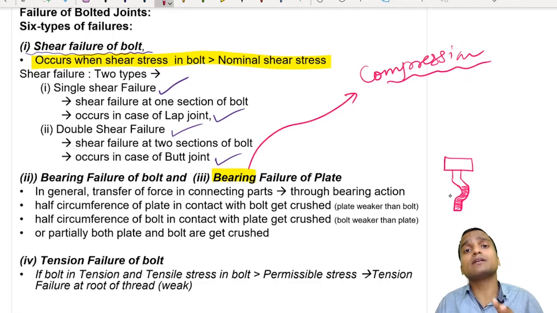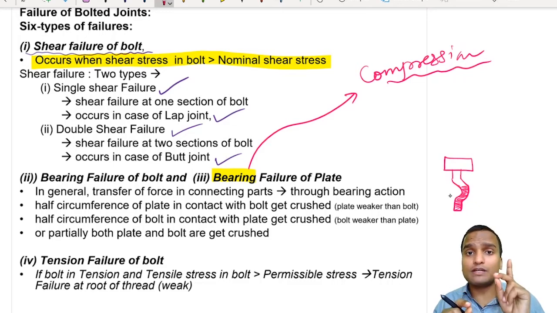See, in a joint there are two things. One is the plate and one is the bolt. If the plate is of inferior quality and the bolt is of superior quality, and if we increase the load, what will happen? The bolt will not fail. The plate will crush, because the plate is of inferior quality, and vice versa.